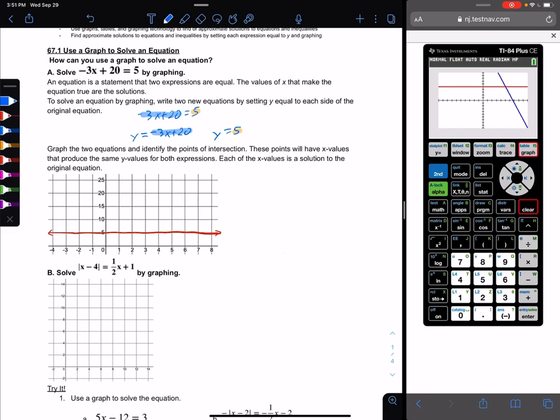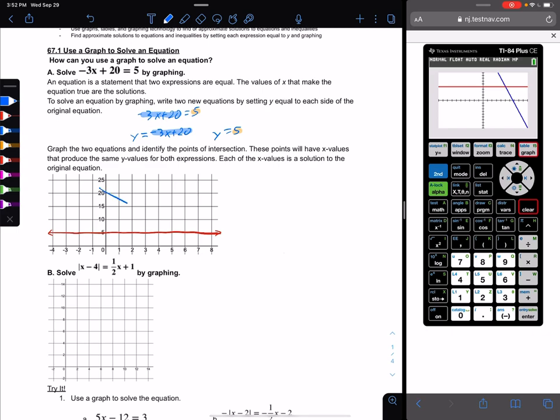And then this second one, it's kind of tough to see on your graphing calculator, but what's going to happen is 1, 2, 3, 4, 5, 6. So right before 7 is like an x-intercept, and it looks like it crosses 5 at 1, 2, 3, 4, 5. It's not always the easiest to see this, but you'll make it work.